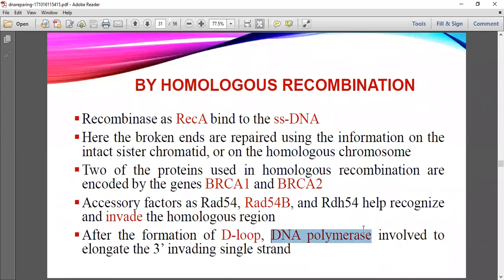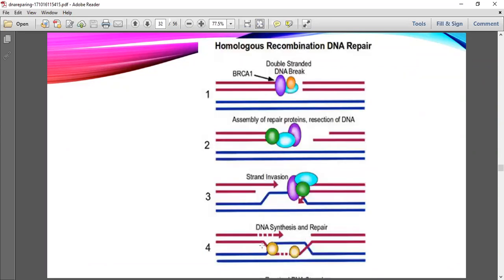Then after that, DNA polymerase is involved, and the 3' invading single strand is there, and then it synthesizes the complementary nucleotides by using the homologous nucleotide as a template DNA. In this diagram, you can see that at the last or third step, strand invasion has happened.